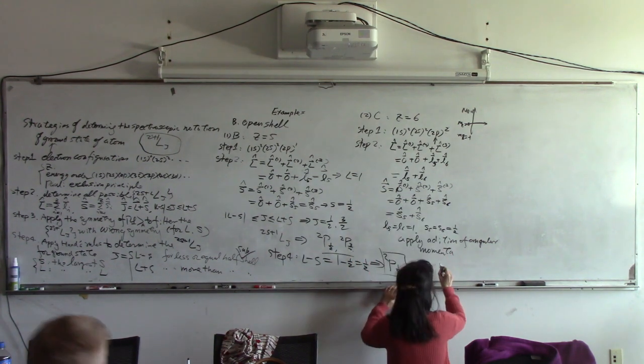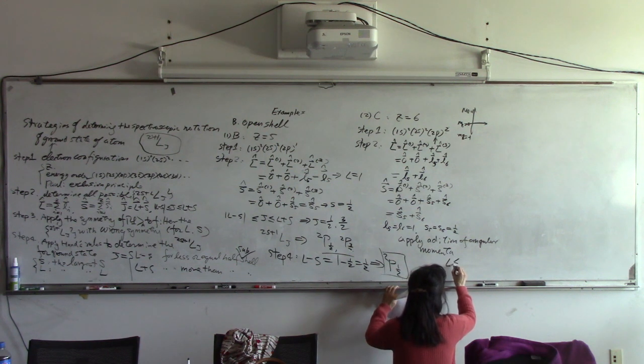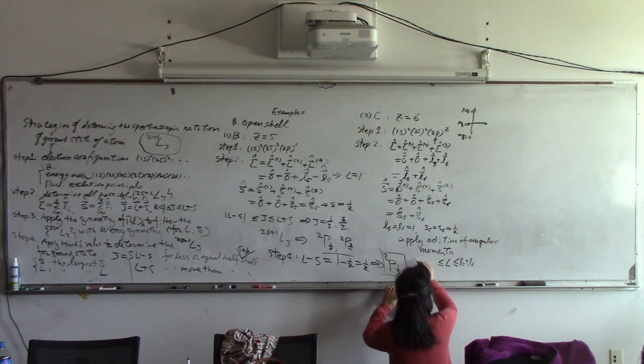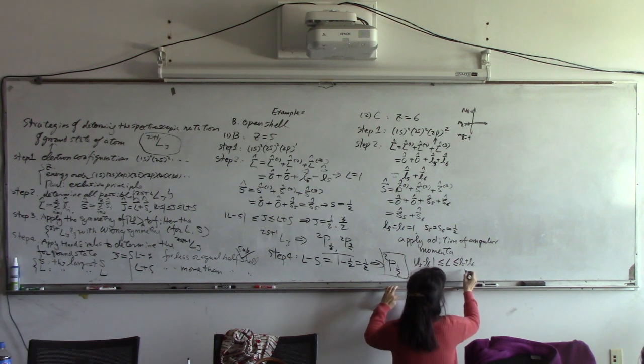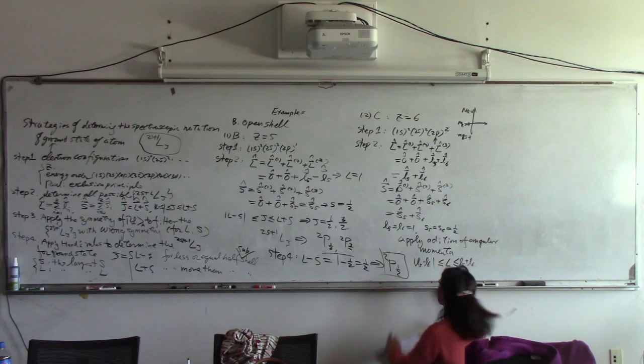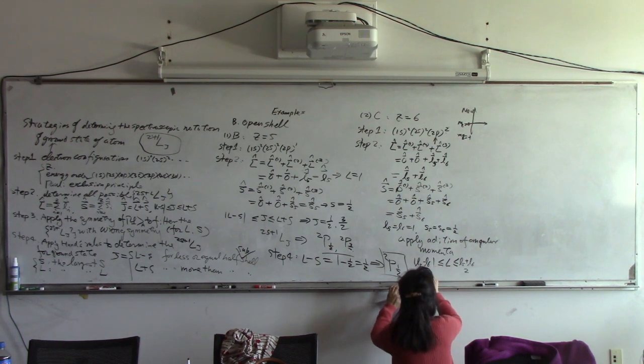For L, L is smaller or equal to L5 plus L6, and larger or equal to the difference between these two. This is 2, right? 1 plus 1, and the difference is 0.